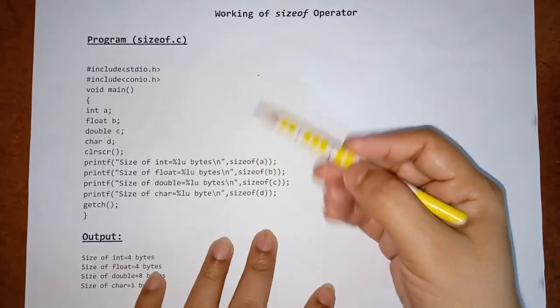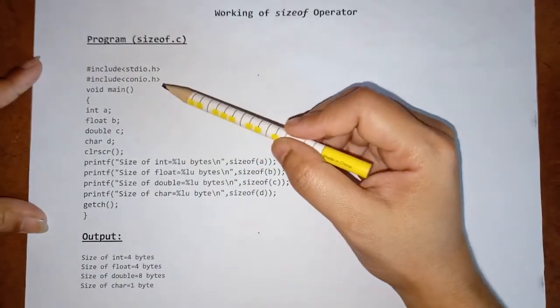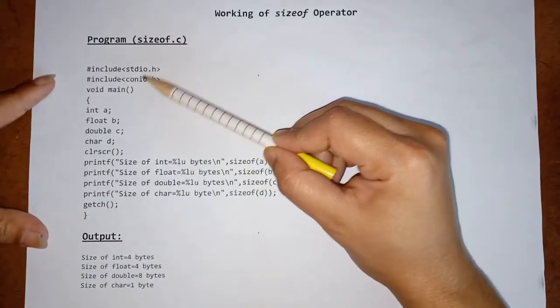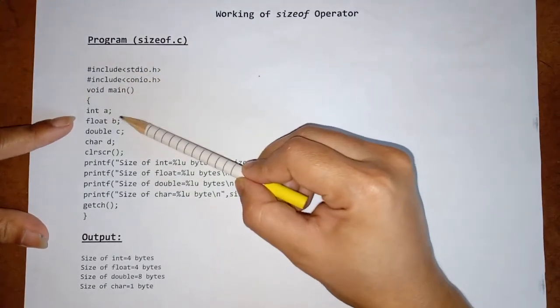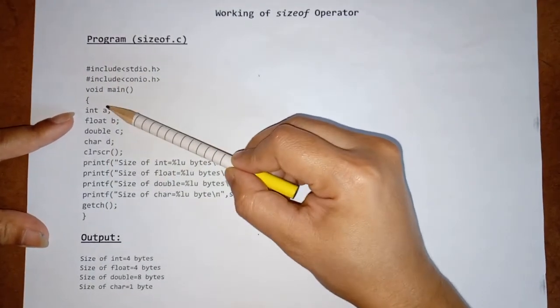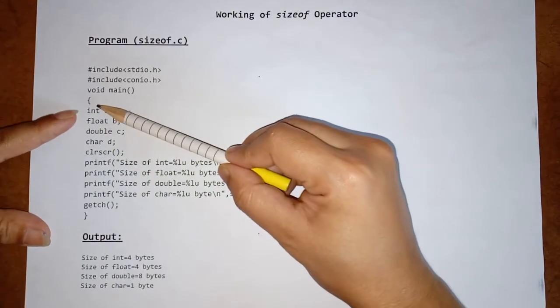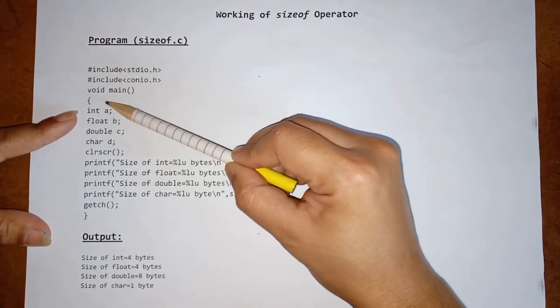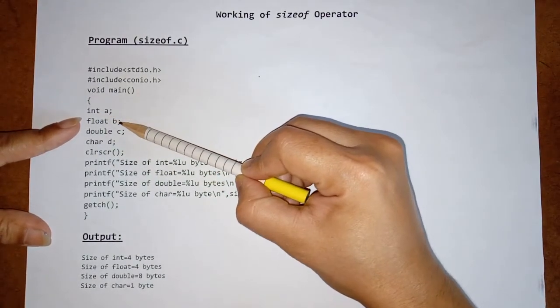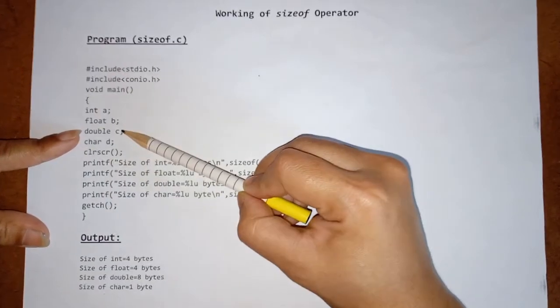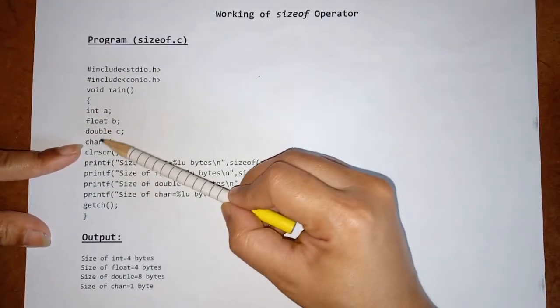This is the example for the Sizeof operator. Starting with the header file, then the main function, and then the declaration. In the declaration we are using all possible data types: int a, a variable of integer type, then a variable of floating type, a variable of double type, and a variable of character type.